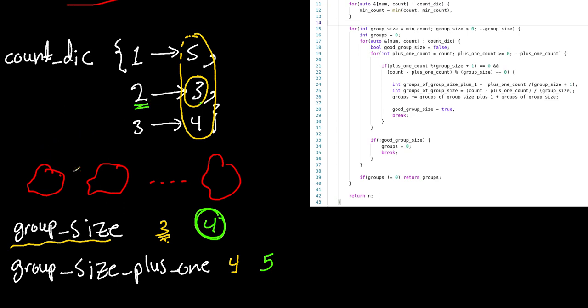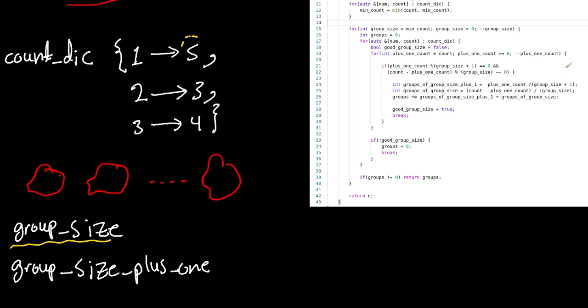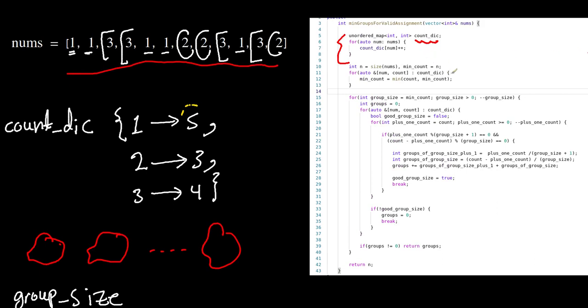We cannot create a group of size 4 of this number because we have only 3, and that means the maximum possible group size is the minimum between all of these counts, and this is what we are doing in this loop to find the max possible group size, and we call it min count.